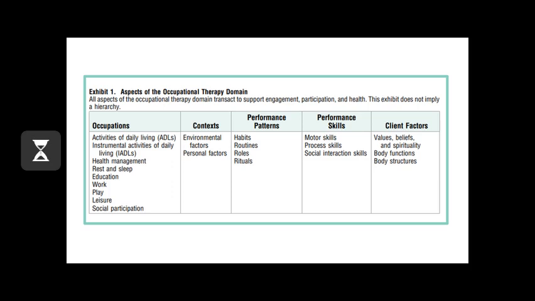I'm going to briefly share what the environmental factors and personal factors include, but if you want more information on this, I suggest you go to the AOTA website to find out more, or pick up your practice framework document that you were provided in OTA 111. Turn to page 36, which is table 4, and it really does a nice job of explaining the context. I'm smiling because I said it does a nice job. Well, it is.